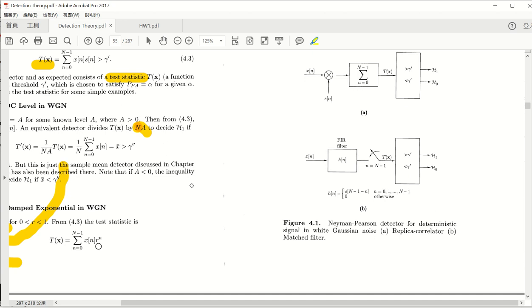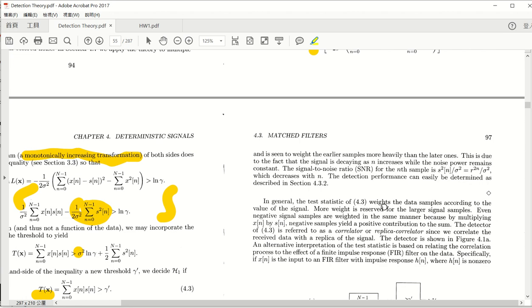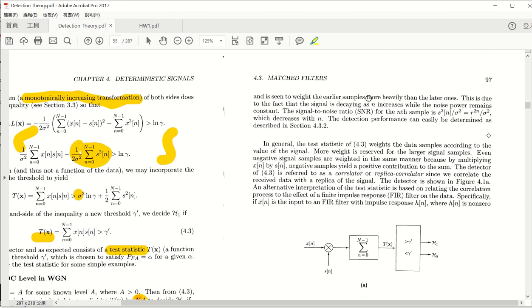For example, if this is 0.8, it will be 0.8 at the first sample, then 0.8 squared, which is 0.64, for the second sample, and so on and so forth, getting smaller and smaller. So it will weigh the earlier ones more heavily than the later ones.